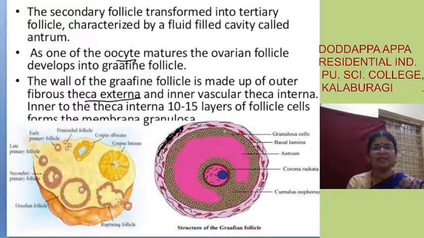And inner to theca interna, you will see follicle cells, the membrana granulosa. In the class, we drew 2 to 3 layers, but here 10 to 15 layers of follicle cells are given, which are called membrana granulosa. You can read it out, it has been hidden in the image.